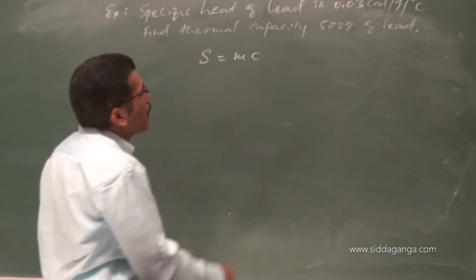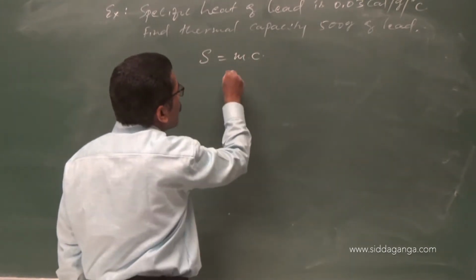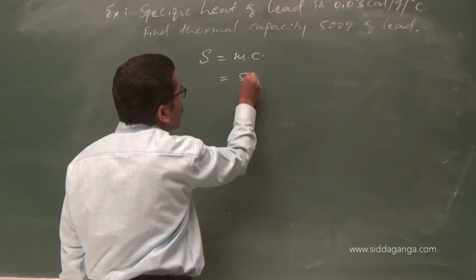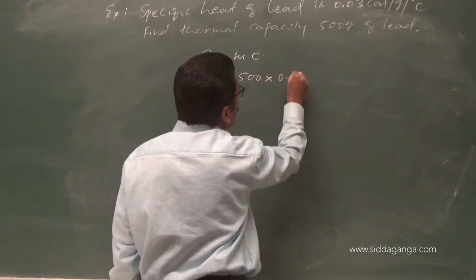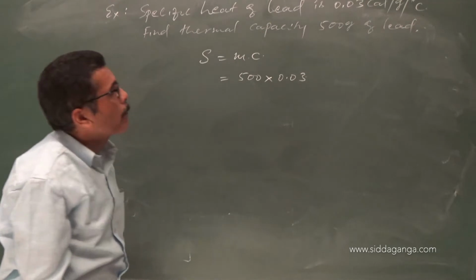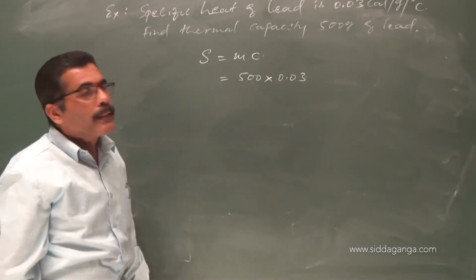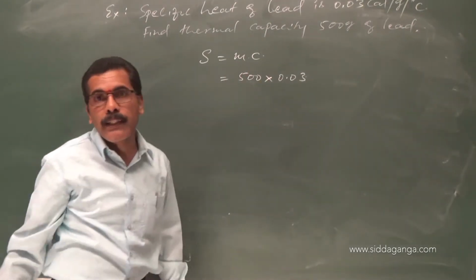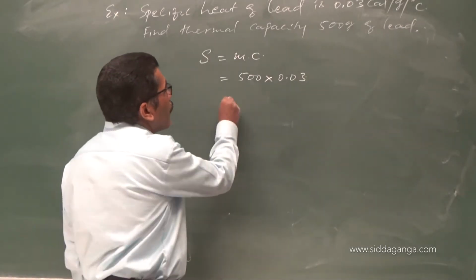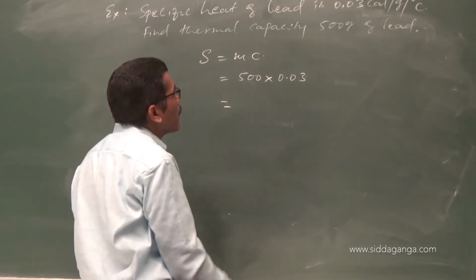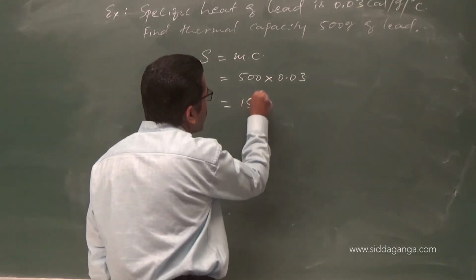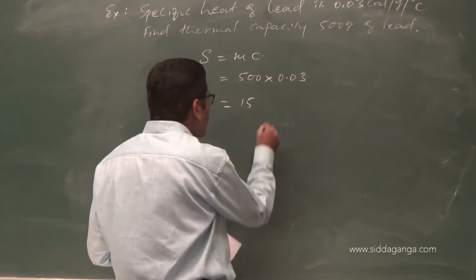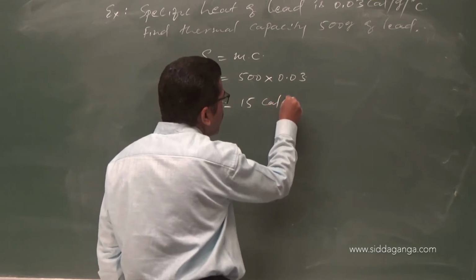Here m is how much? 500 gram. M stands for mass, 500, and C is 0.03. Both are expressed in gram, that's why I am taking directly. So you are going to get 15 calorie per degree Celsius.